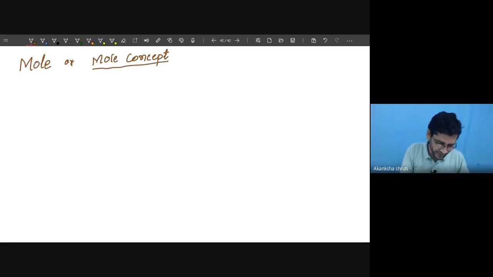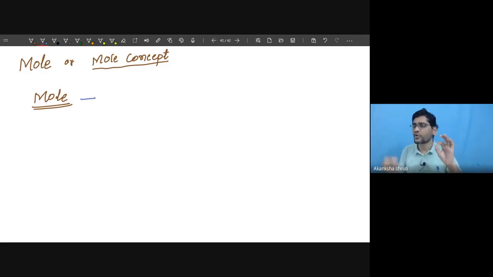So what is this mole? We will define the term mole. Students, this mole is nothing but a group of Avogadro number of particles or species.